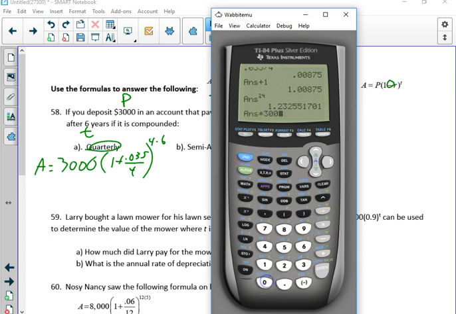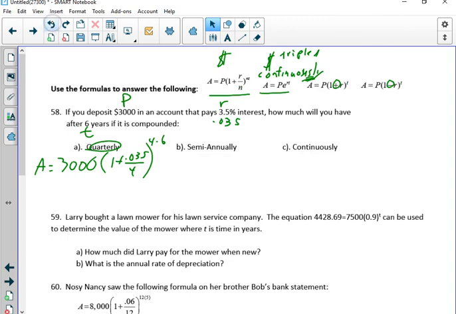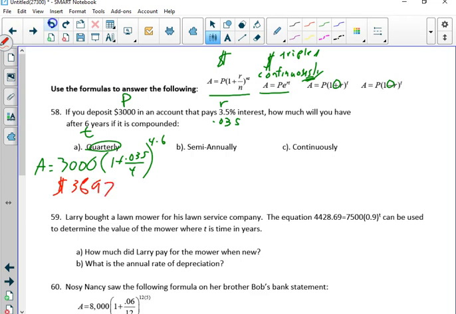You can put it all in one fell swoop, but you also might have an error by having parentheses in the wrong place or something like that. So how much money is that? It ends up being $3,697.66.